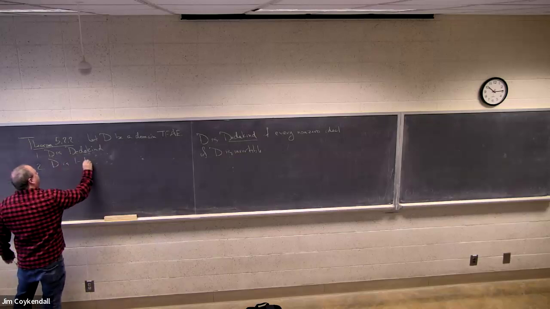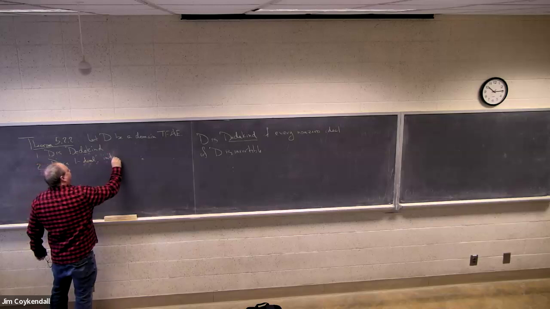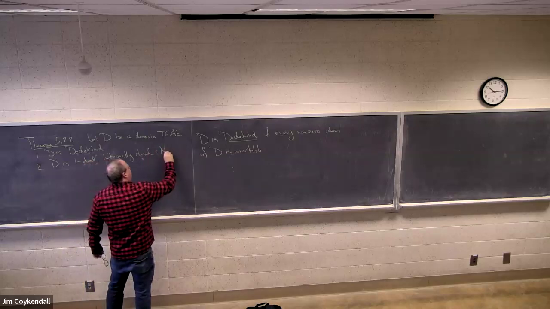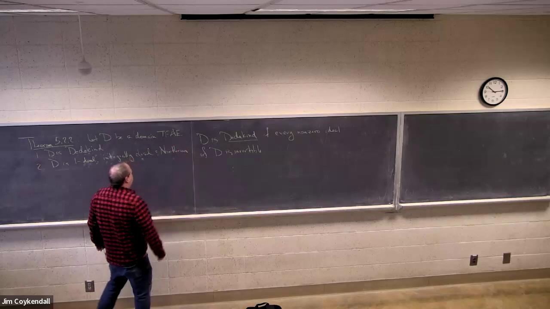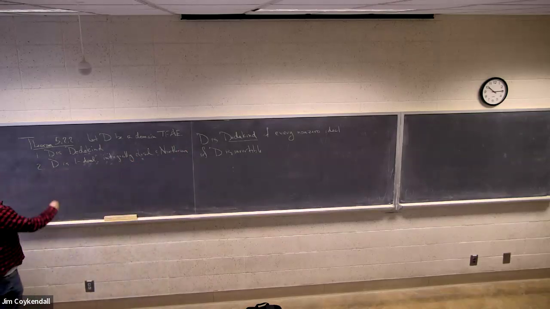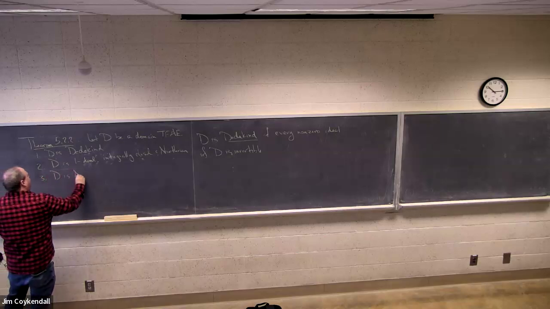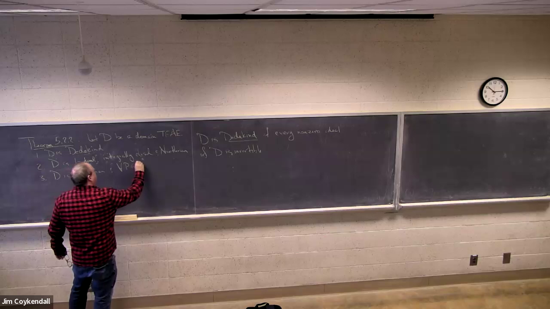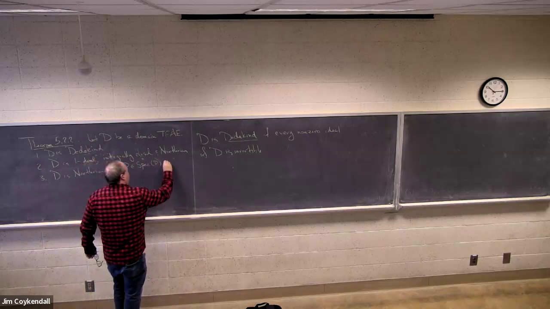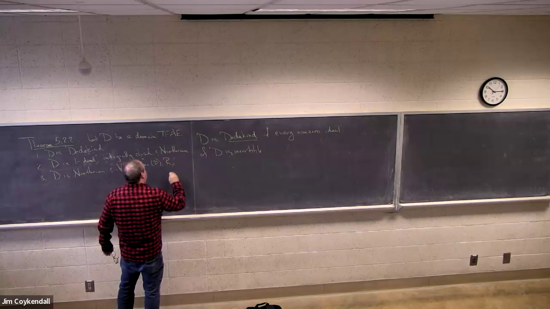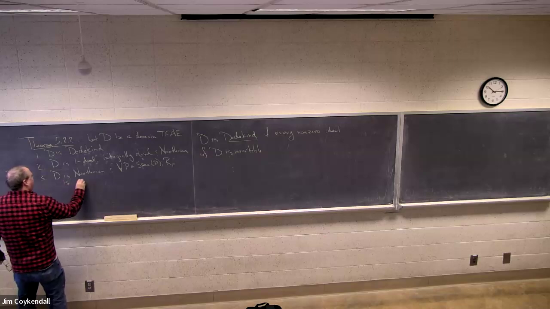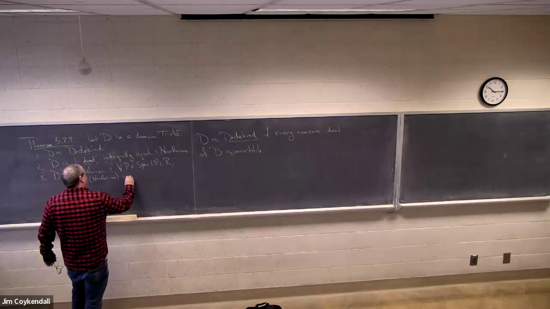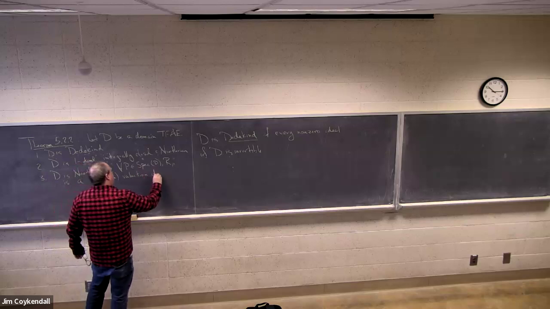Two, D is one-dimensional, integrally closed, and Noetherian. Three, D is Noetherian and for all P in Spec D, D_P is a valuation domain.